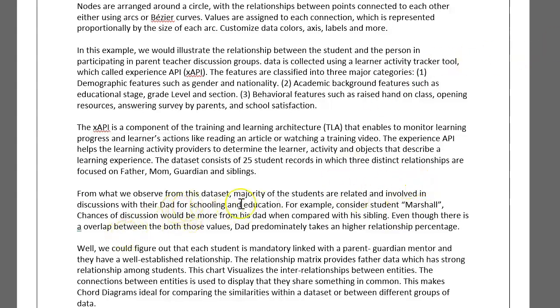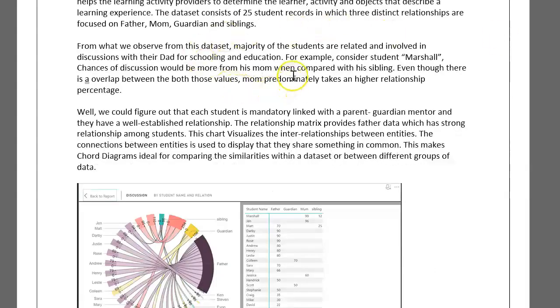So if you see here, consider a student called Marshall, whom I told you about. He has an overlap, a cross kind of relationship. Marshall, if you see here, is linked with mom and the sibling. The higher percentage of discussion comes from the mom, and 12 discussion points are coming from the sibling.